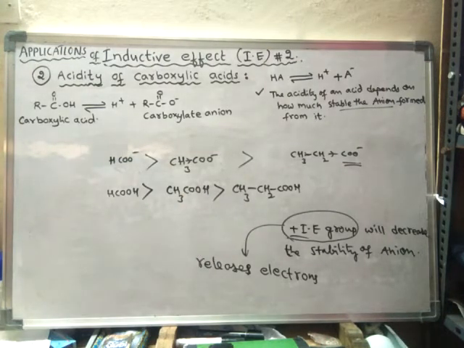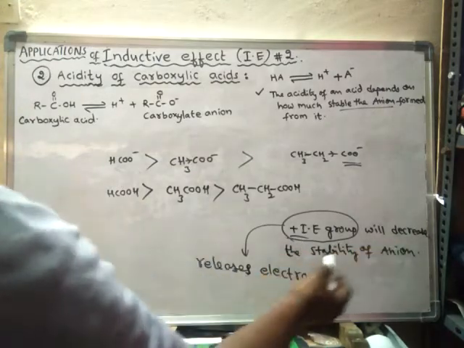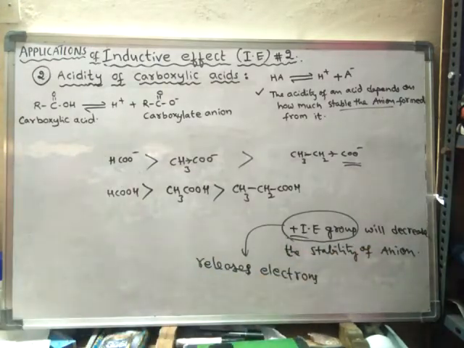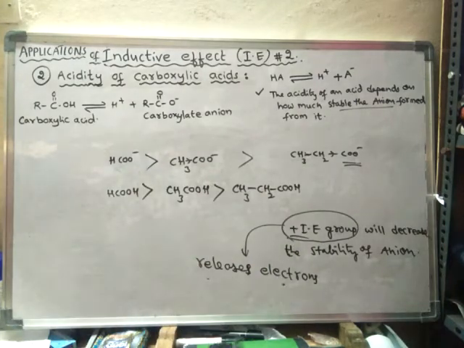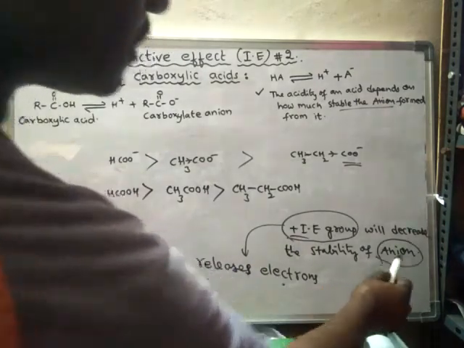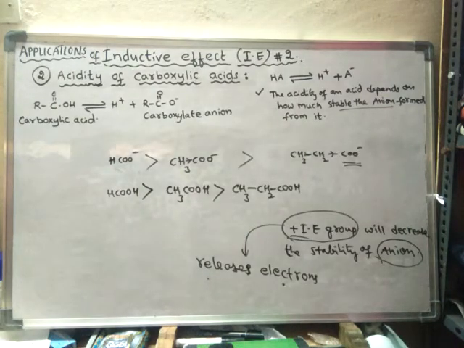See here, a plus I effect group will decrease the stability of the anion, because plus I effect groups will release electrons onto the anion. Already the anion has more electron density on the oxygen, so it is suffering from the negative charge.